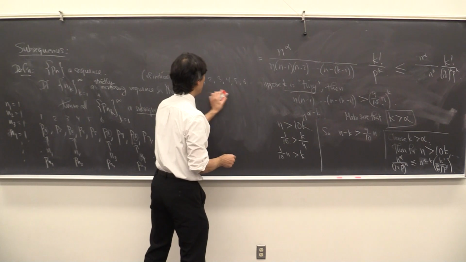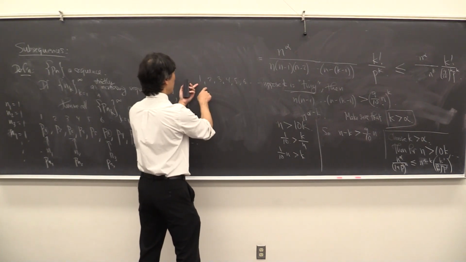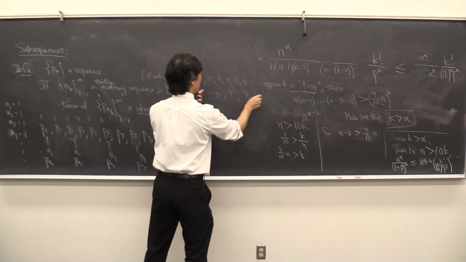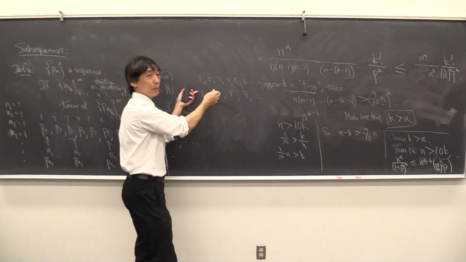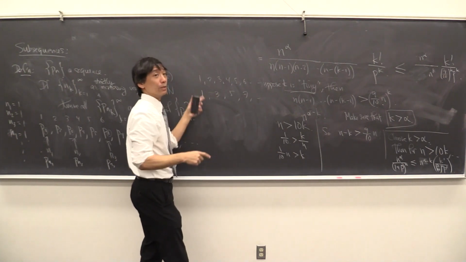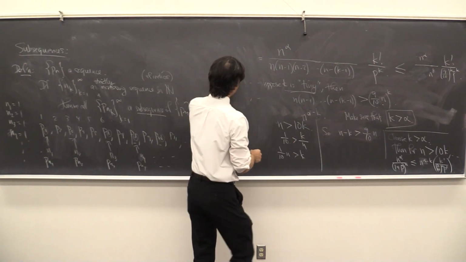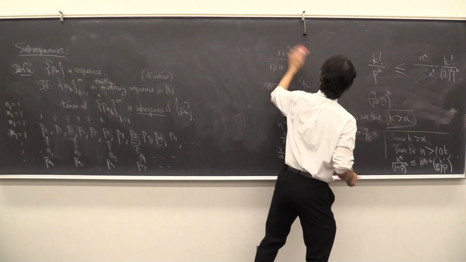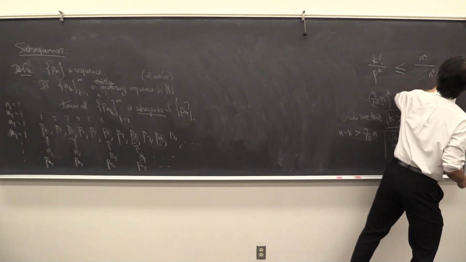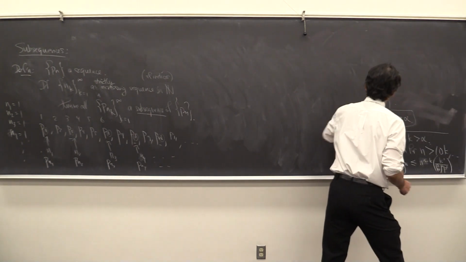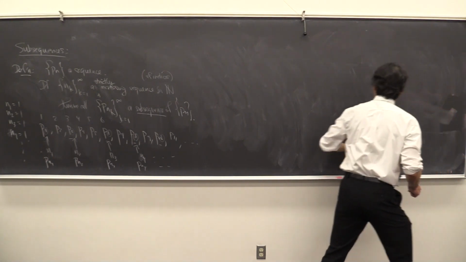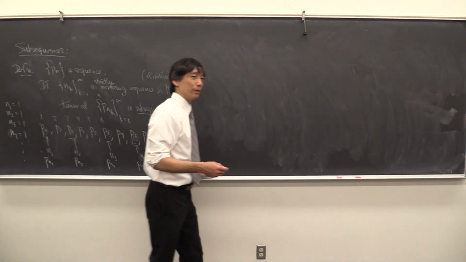It has to be like 1, 3, 5, 7, blah blah blah. That's considered a subsequence. It has to be progressing in the same order as the original sequence. Yeah, for a sequence, the order really matters.